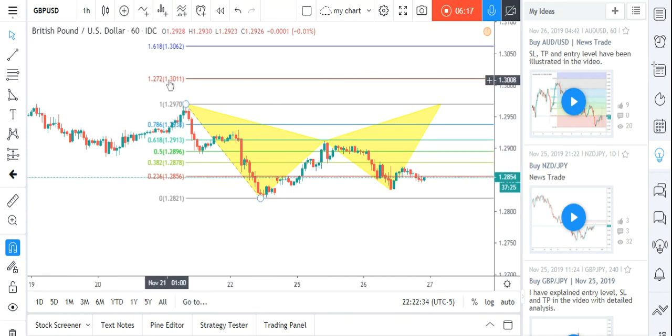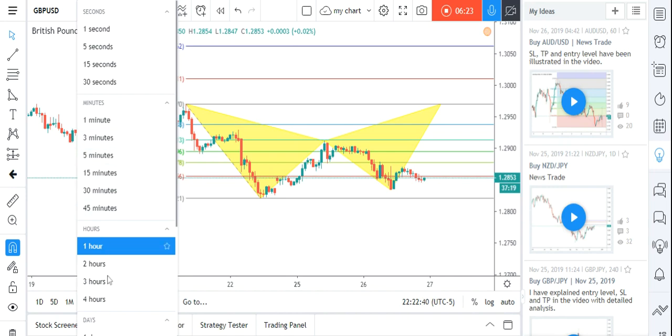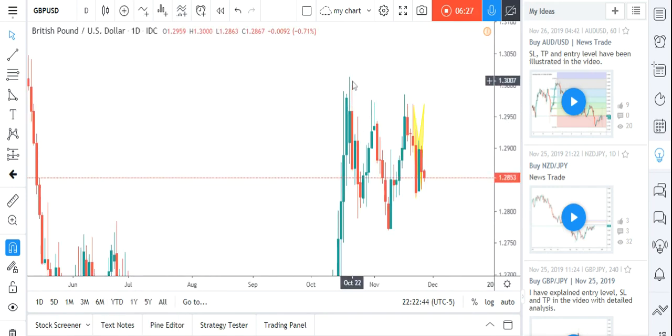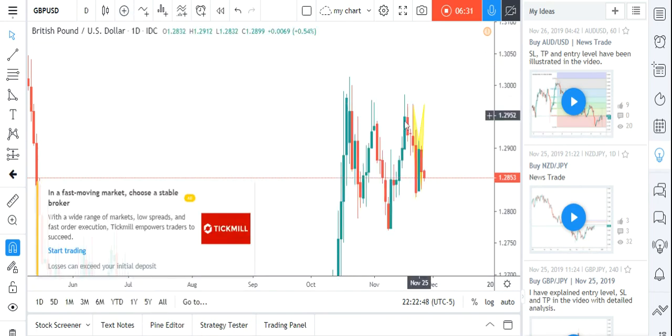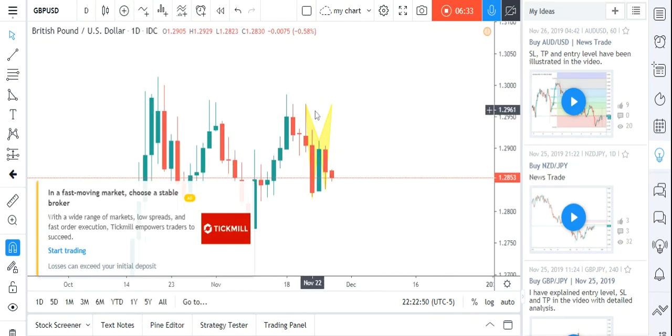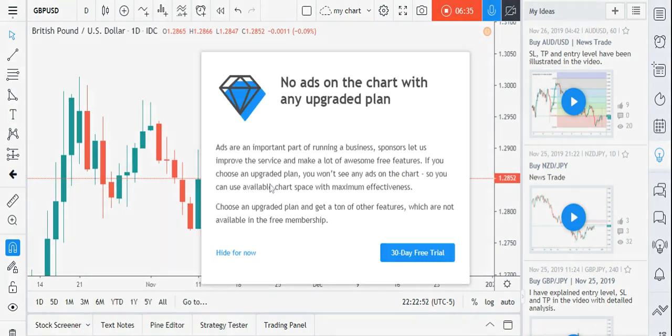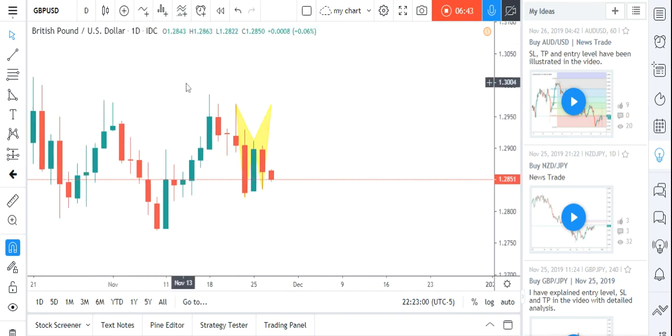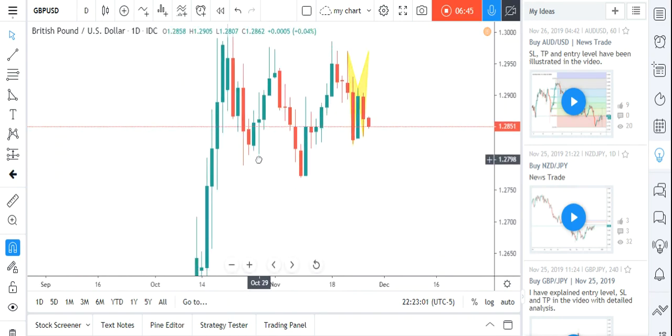There I will show you, remember this 1.3011. The 1.3011 area is the high on the daily time frame. The high of this candle, let me take one more second. 1.3011 was the target completion point of the butterfly, and the high of this daily time frame, as you can see on the chart, let me move the chart like this.